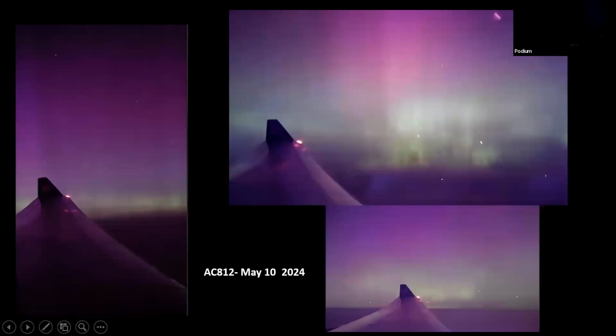During May 10, probably some of you took pictures because it was a very major geomagnetic storm. Luckily I was on a flight going to Lisbon that time, from Montreal, on top of the Atlantic Ocean.